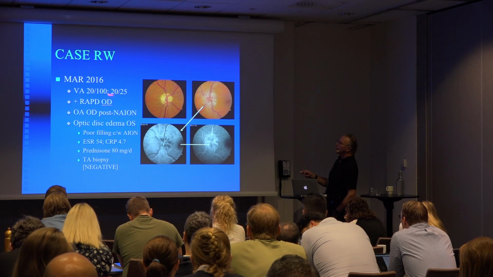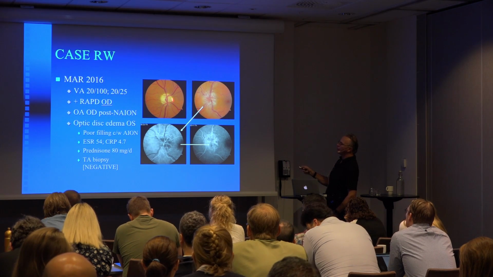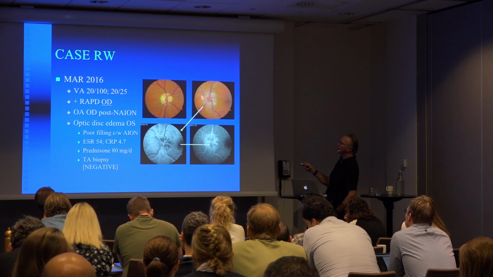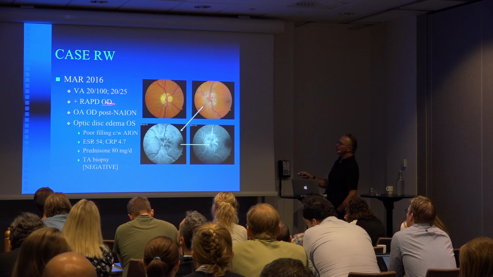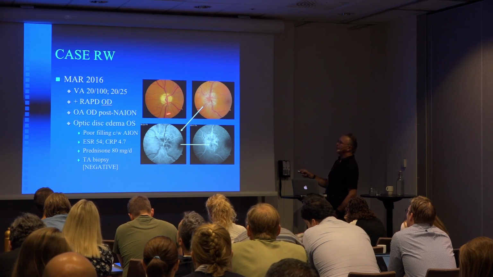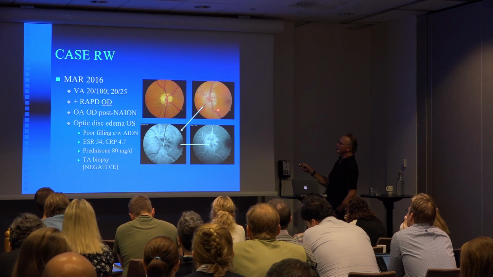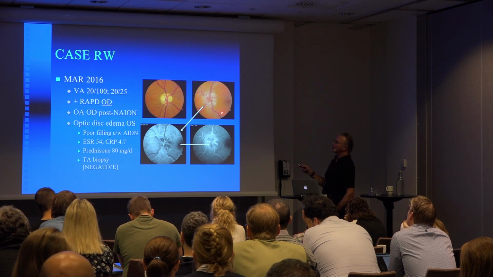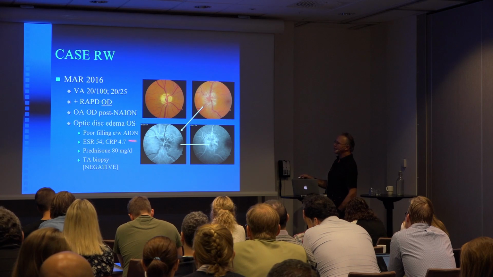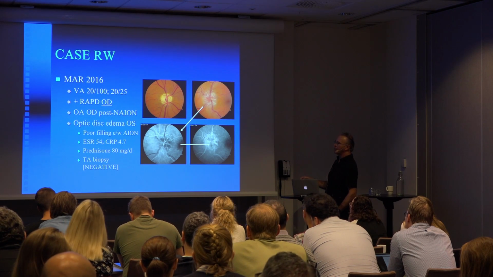At that point, he had 20/100 vision in his old atrophic eye, and this eye was swollen, but it was still 20/25 vision. He still had a relative afferent pupillary defect in this eye, but he had this markedly swollen optic nerve. We did fluorescein angiography because he had a high sedimentation rate and a high C-reactive protein.